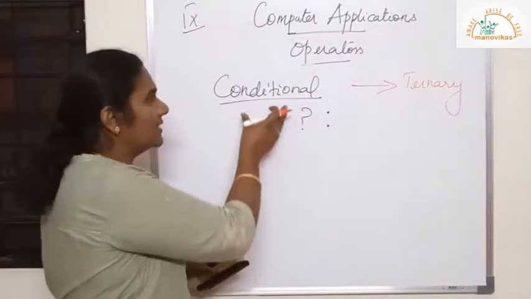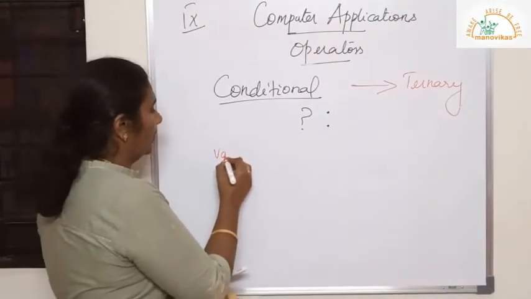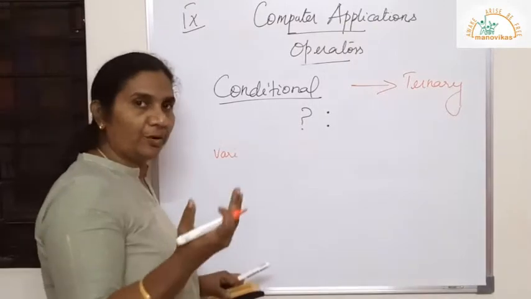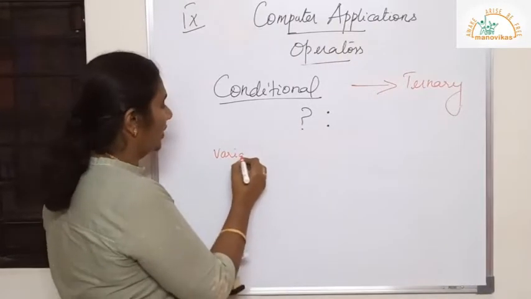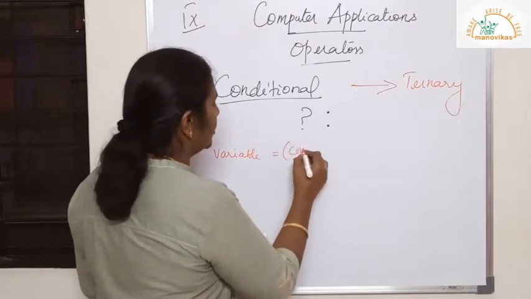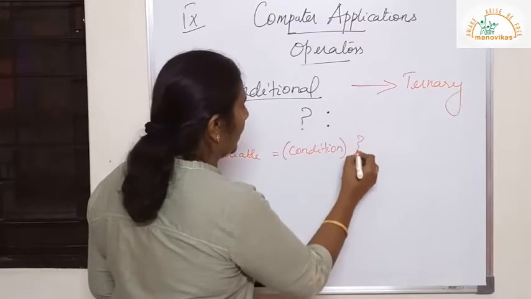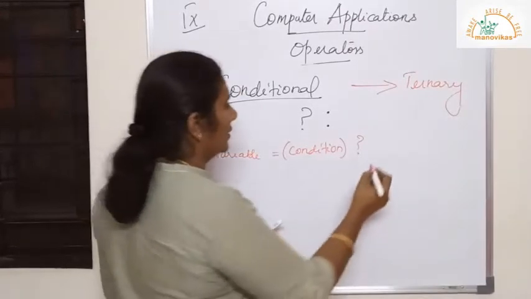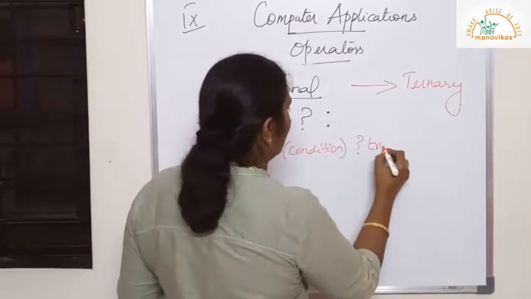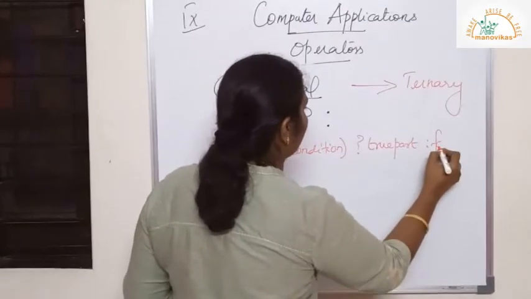The structure or the format of writing this conditional operator is, variable is equal to a condition, question mark, true part, colon, false part.